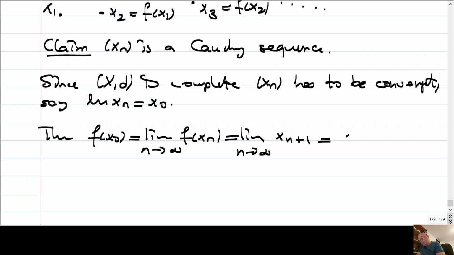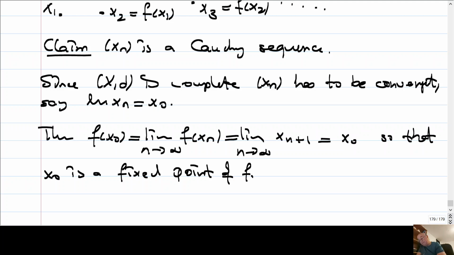Therefore, its limit is just x0. So we see that f of x0 is equal to x0, so that x0 is a fixed point of f. And this finishes the proof.